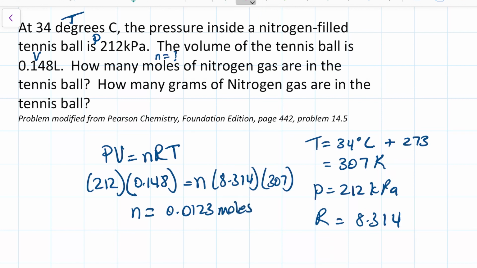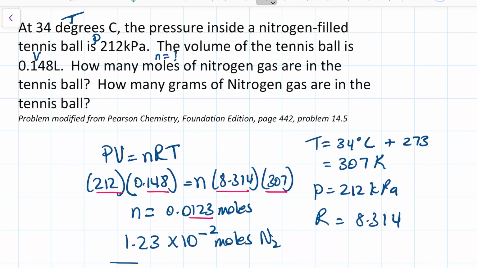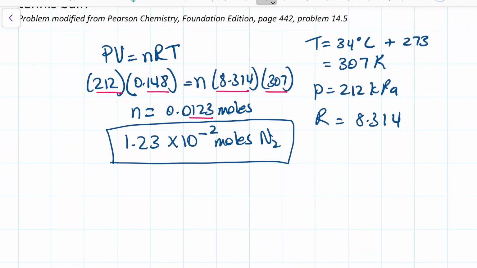Now that's not in correct scientific notation. We do have the correct number of sig figs though, because there was 3, that's a definition, so ignore it, and 3. So we have 3 in our answer, but remember in scientific notation you want a number, a decimal, all your other numbers, times 10 to the -2 moles of nitrogen. Now we know that nitrogen is diatomic, so now I want to convert from moles of nitrogen to grams of nitrogen.